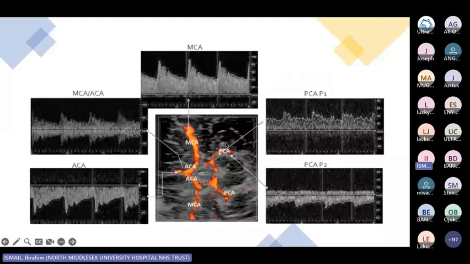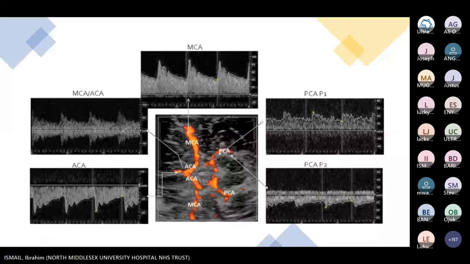With imaging TCD, like non-imaging, you get different spectral Doppler waveforms, but you actually see the vessel itself.